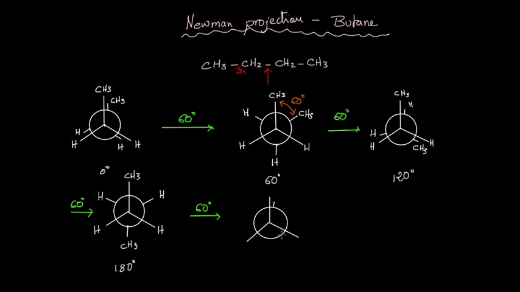So in a similar way, just to draw it quickly. And here we have a CH3 always, that it doesn't change place on the front carbon, the two hydrogens, and now the CH3 is here on the back carbon, and this is the 240 degrees. One more 60 degrees will take me to staggered conformation again.